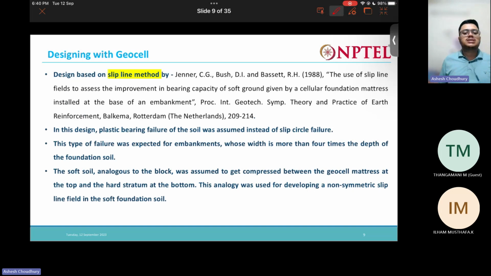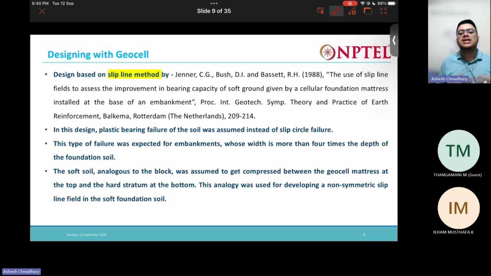Honestly, if you ask me what the slip line method is, this is a little bit advanced topic. It comes from the plastic equilibrium of soils. This is also known as the method of stress characteristics.